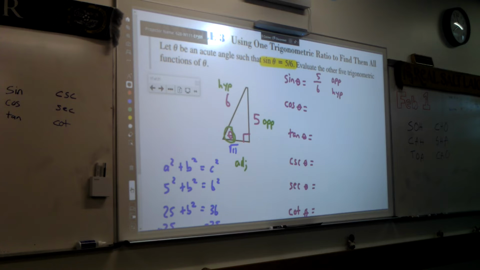Ariana, you're going to do tangent. Christian, you're going to do cosecant. Amber, you're going to do secant. And Isabel, you are going to take cotangent. I'll give you a little bit longer to get there.